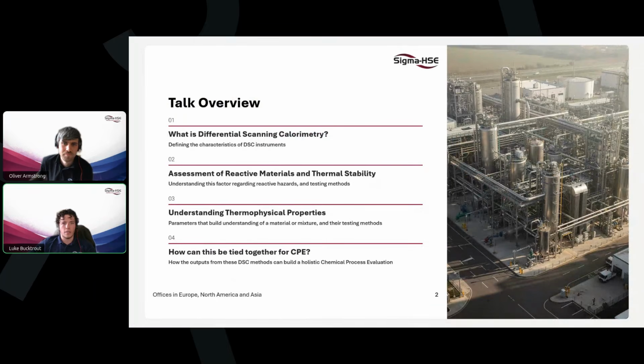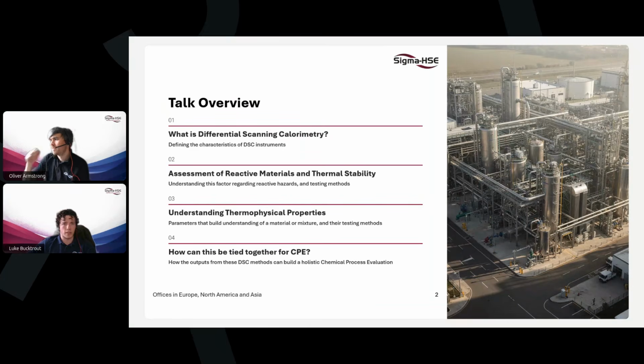So just a little overview of this session. We'll be exploring the use of the differential scanning calorimeter and how we can apply various thermal stability data and thermophysical properties for chemical process evaluation.